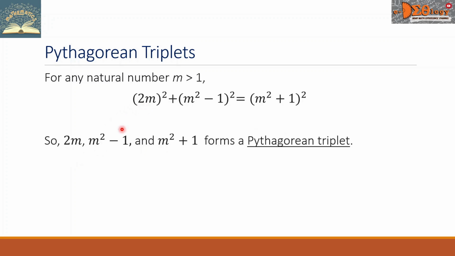So this 2m, the quantity m square minus 1, and the quantity m square plus 1 form a Pythagorean triplet. Note that the quantity 2m and the quantity m square minus 1 are the bases of the left side, while the quantity m square plus 1 is the base of the right side.